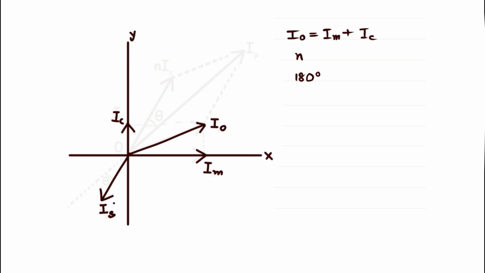It is better to say this current is the secondary current referred to the primary, and the secondary current referred to the primary is the theoretical current that is ideally transformed to the secondary. So we can draw that current exactly 180 degrees apart from the secondary current. And obviously, this current will be N times IS.